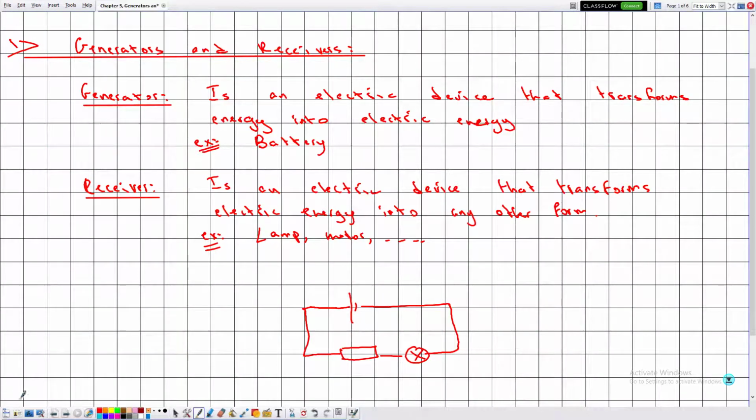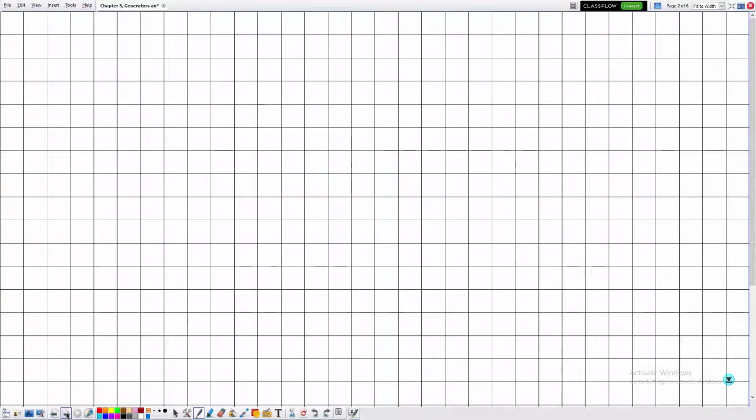Okay, now let me discuss the following sections. Let me start with section number 2 and let's go into details in the generators.